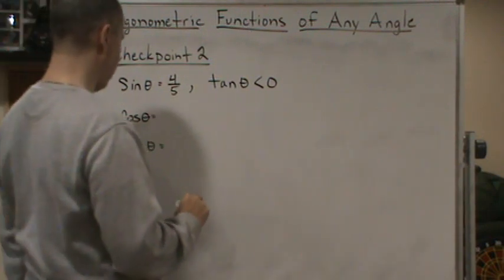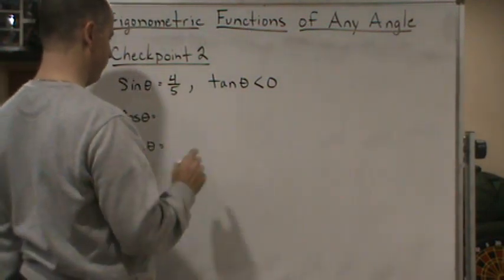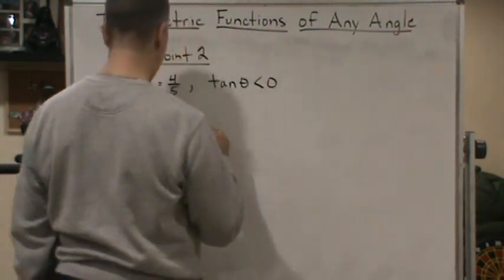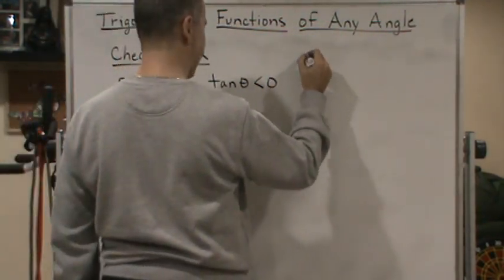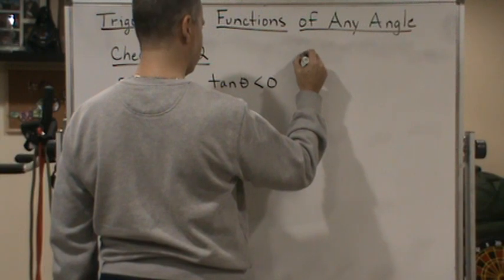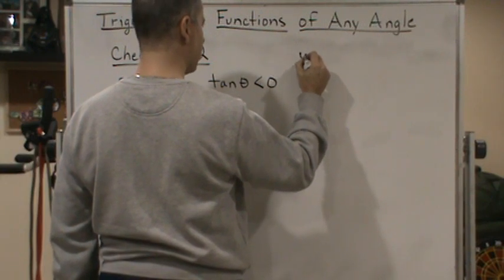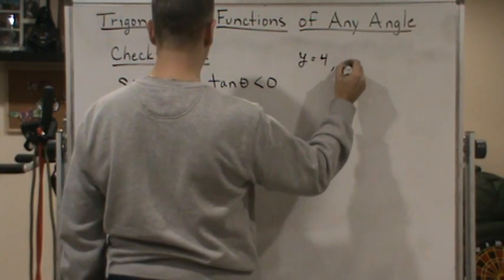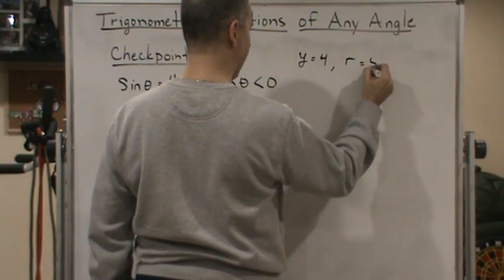We already know tangent's negative. So what we know is y is 4, and r is equal to 5.